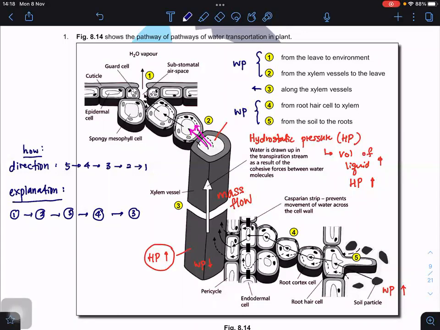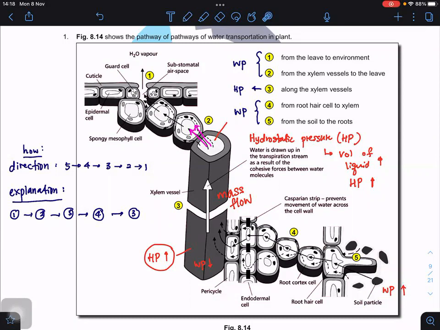So this one actually depends on the hydrostatic pressure gradient. So basically the contribution from these two kinds of pressure, water potential and also hydrostatic pressure, therefore we will be able to get the water molecules to move from the soil all the way to the atmosphere.